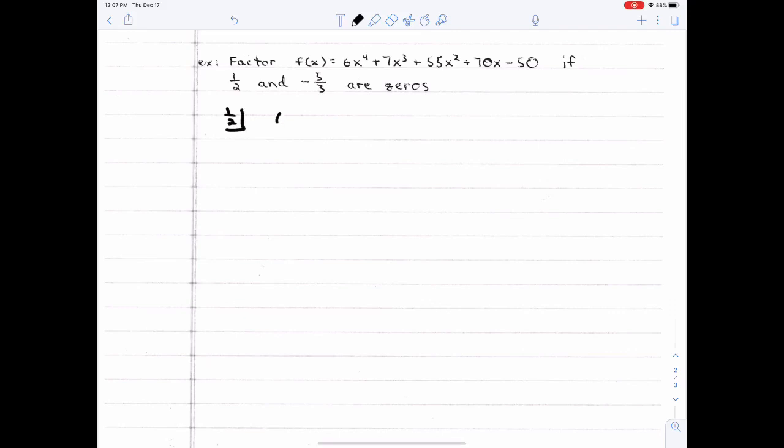Okay, so we have 6, 7, 55, 70, and negative 50. We should get a remainder of 0, because I've told you these things are zeros. So that's 6, 3, 10, 5, 60, 30, 100, 50, and 0.